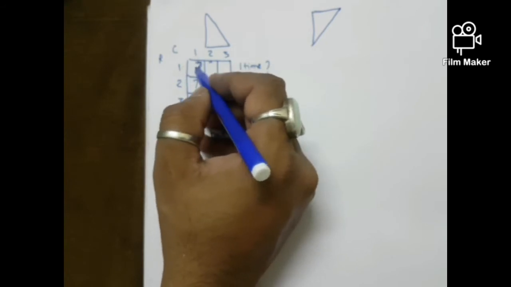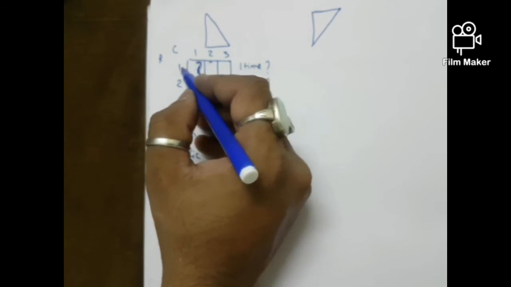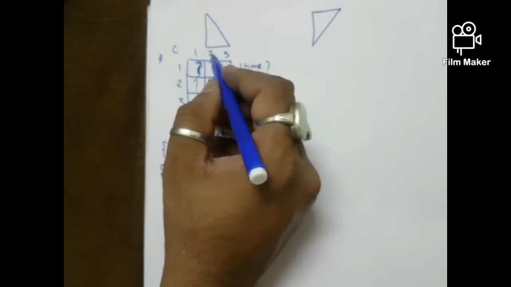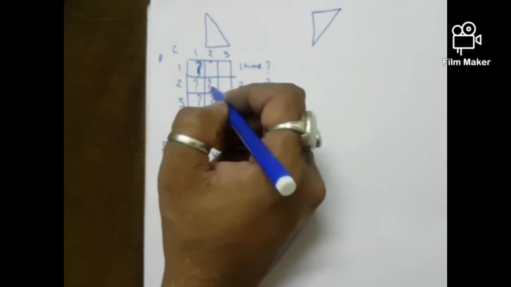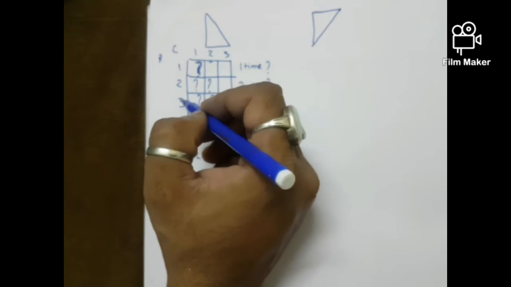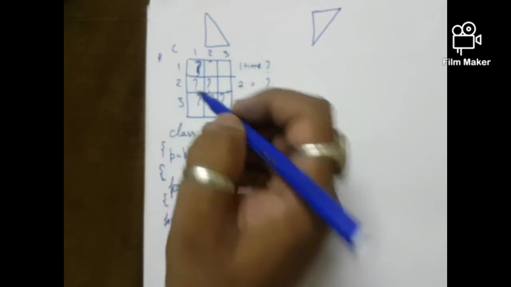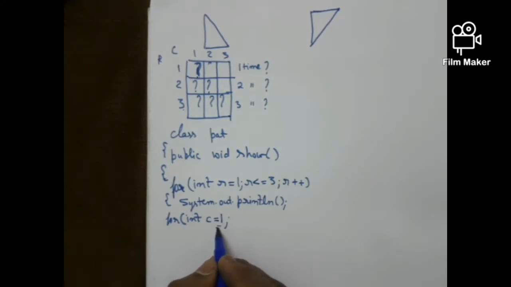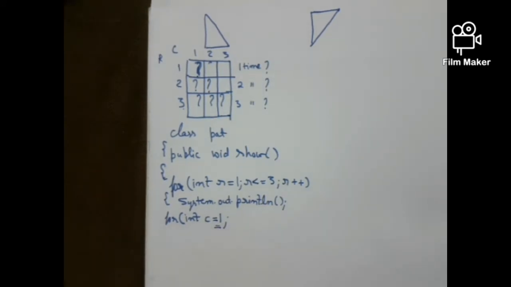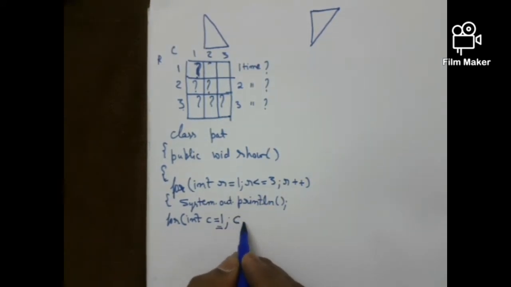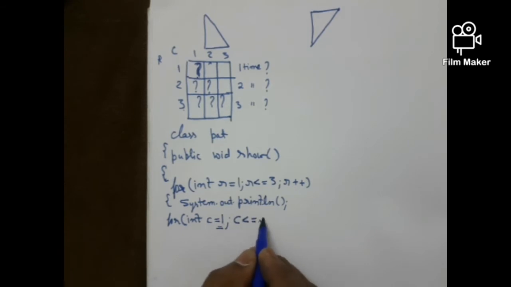Because if I say 1 to 1, that means 1 is the row number. When I say 1 to 2, 2 is the row number because 2 question marks are there. When I say 1 to 3, 3 is the row number. That means the beginning is always 1, but the end is always up to the row. So I mention r over here. Never give a fixed value here.